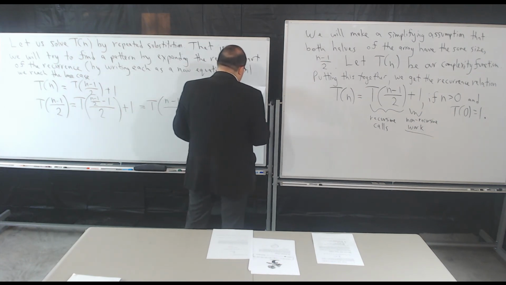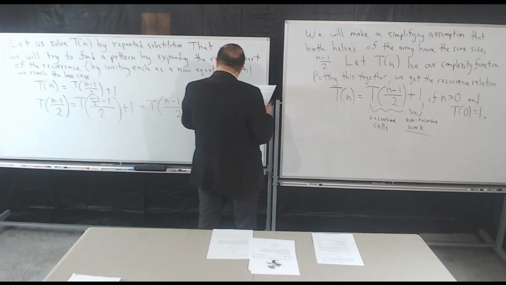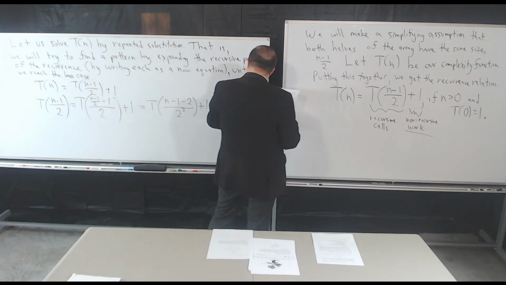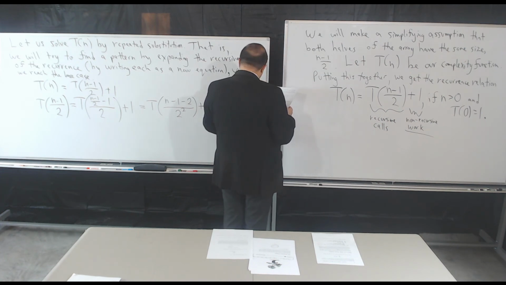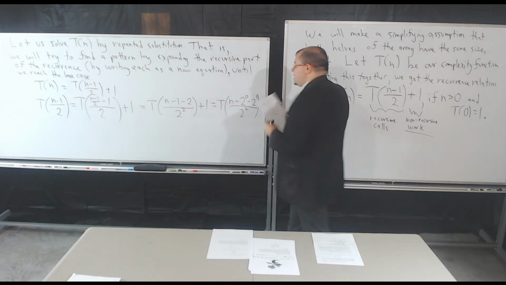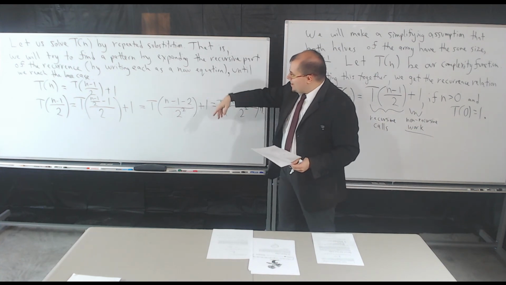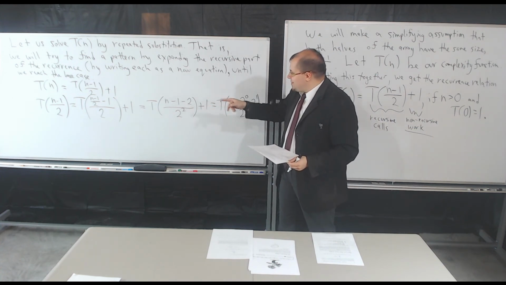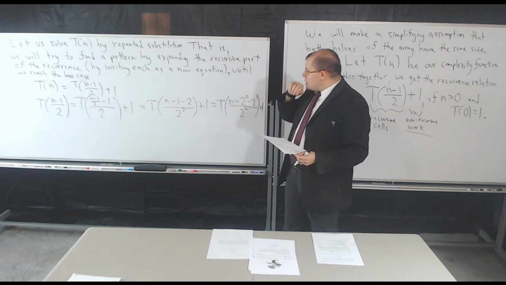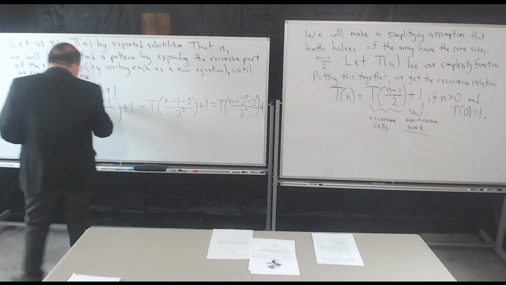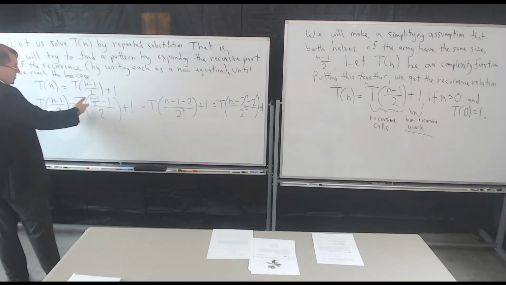I'll let you think about it and try calculating it out yourself, which I end up with t of n minus 2 to the 0 minus 2 to the 1 all over 2 squared plus 1. So when I write this out and simplify, you'll notice that I really just have this extra 2 kicking around. So I've just made a common denominator here by including an extra 2.